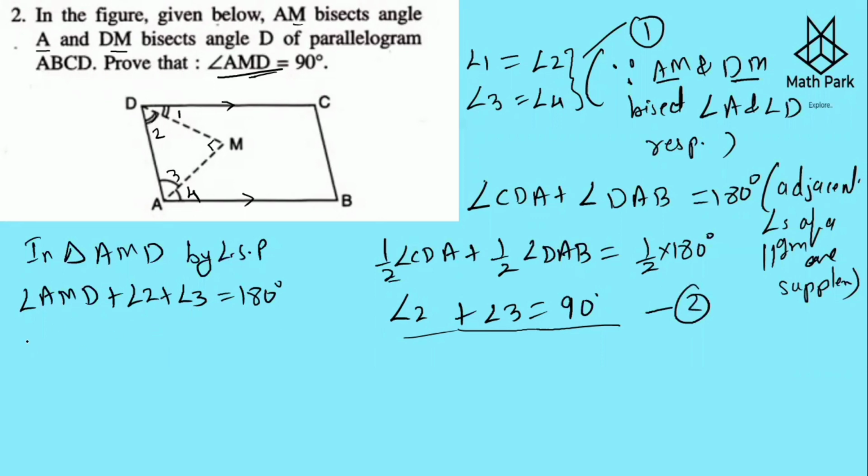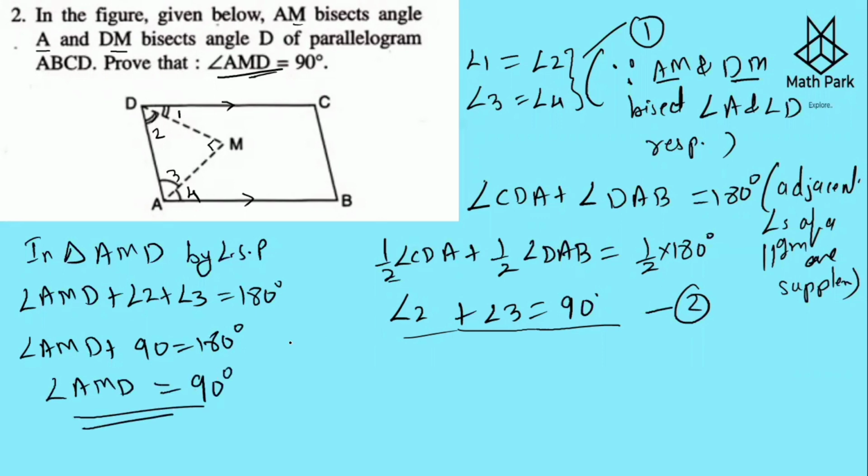Let us substitute. So we have angle AMD plus 90 is equal to 180. This 90 moves here. We get angle AMD is equal to 180 minus 90, which is 90 degrees, and hence proved. Got it? So just using the properties of a parallelogram, we could do this sum.